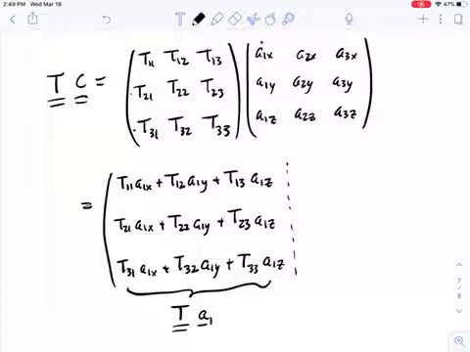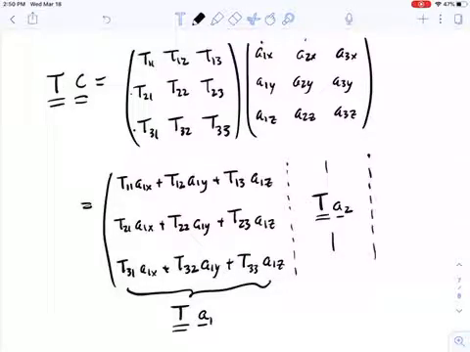If we did the same thing for the second column in the matrix C, which was made from the A2 eigenvector, what you would find is that would just be T times A2.